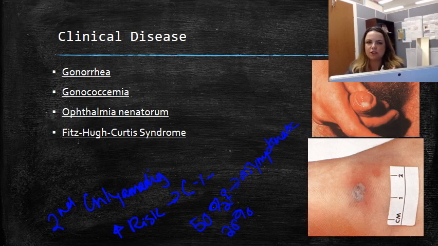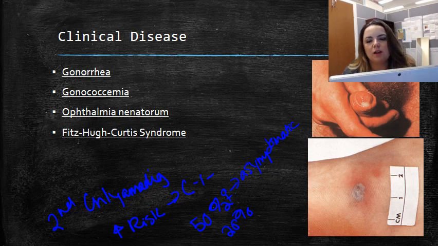The site of infection is going to determine whether carriage occurs. Rectal and pharyngeal infections are more likely to be asymptomatic than genital infections. Okay, so there is a site difference as to whether or not you're going to feel that you have gonorrhea or not. Doesn't mean you don't have it, just means you're not feeling it.